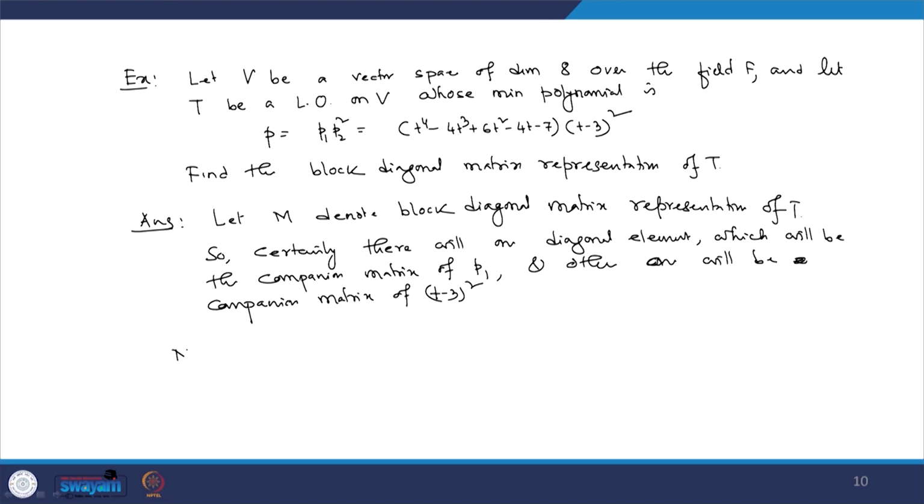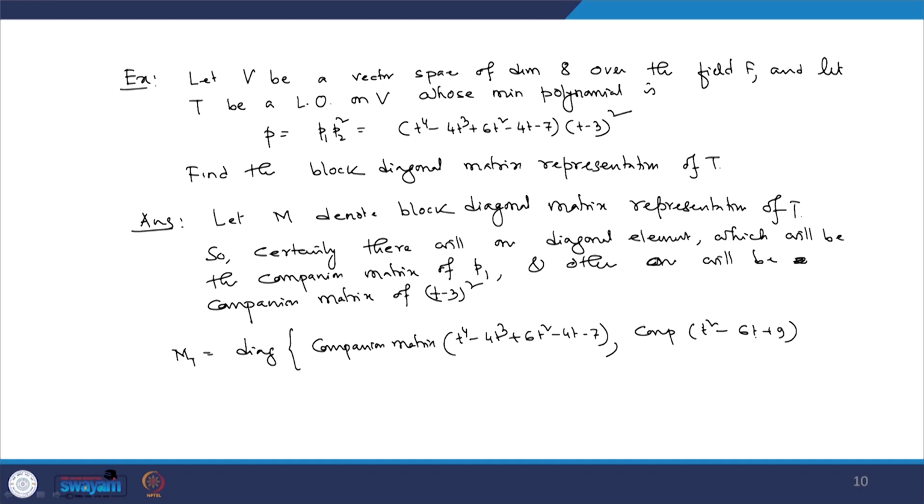I can say M_T is equal to diagonal of the companion matrix of t to the power 4 minus 4t cube plus 6t square minus 4t minus 7, then the companion matrix of (t minus 3) whole square, that is t square minus 6t plus 9, and again it may be the companion matrix of the same t square minus 6t plus 9, because 2 plus 2, 4 plus 4 equal to 8, as T is defined over this space.